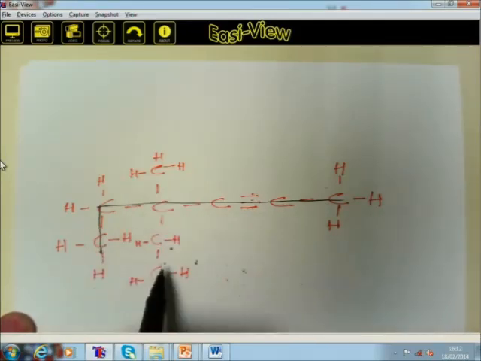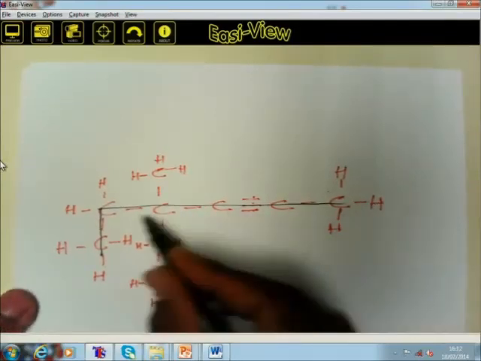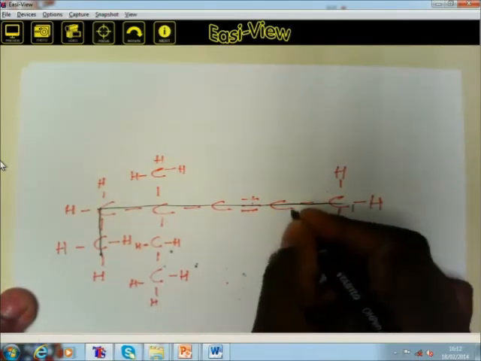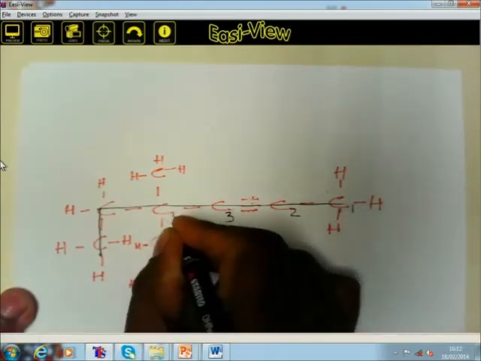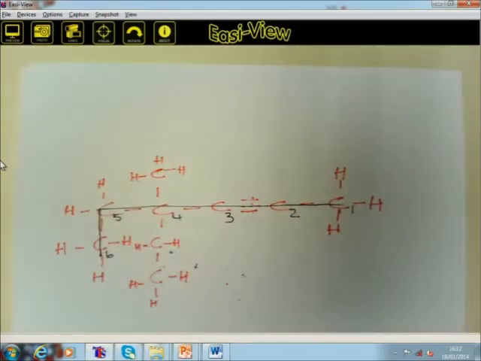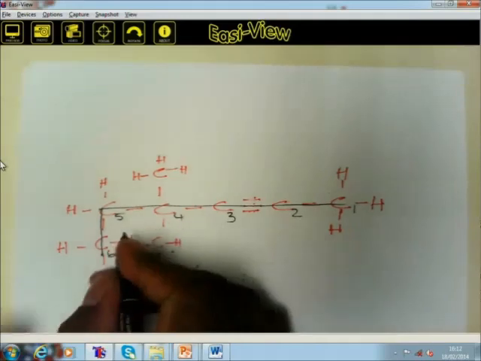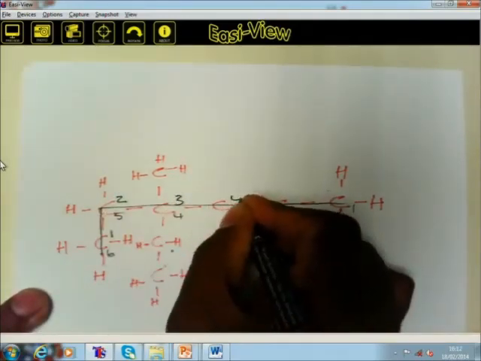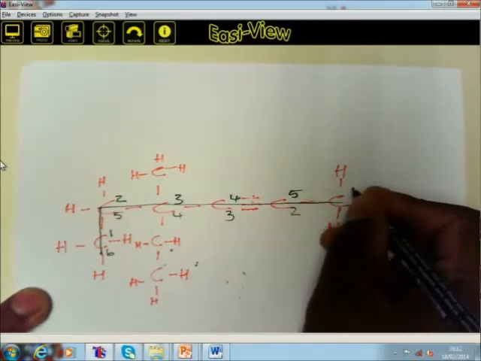But it will still make sense. All right? But I'm going to take that one as my long chain. I'm going to number it 1, 2, 3, 4, 5, 6. And I'm going to use another color for numbering, 1, 2, 3, 4, 5, 6.